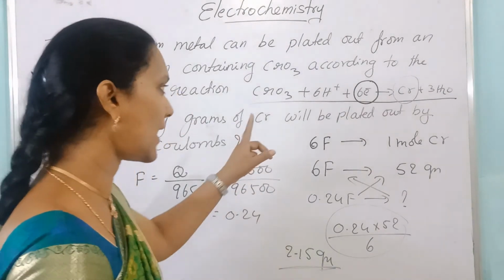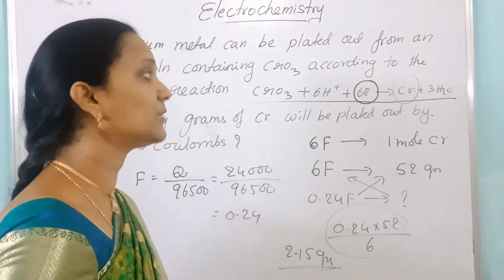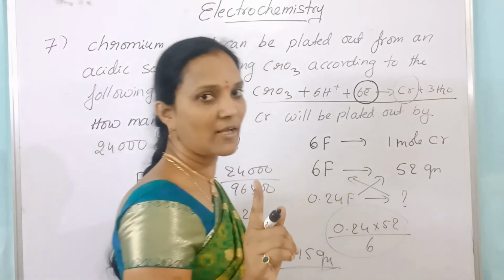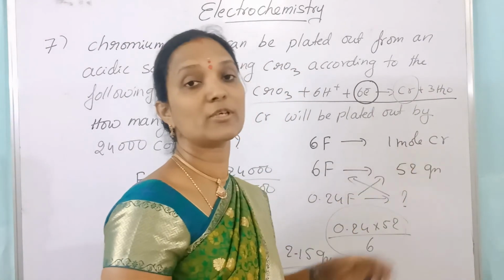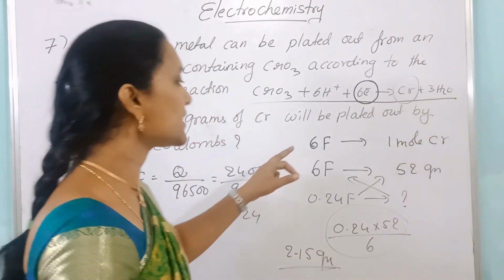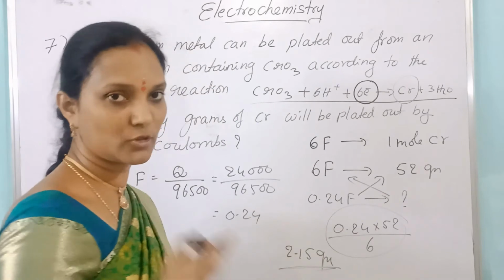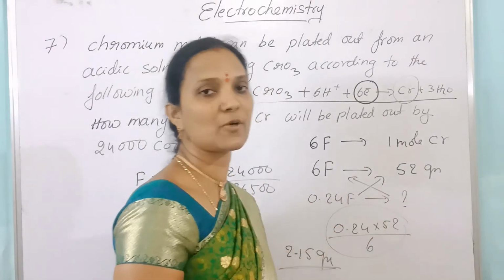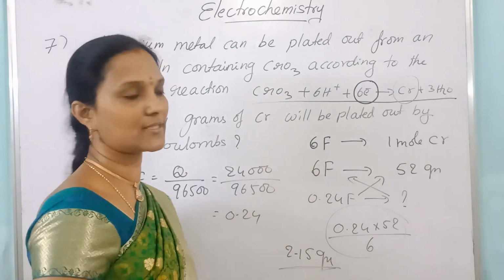Just one reaction is given, in which 6 electrons are involved, nothing but 6 Faradays. 6 Faradays produces 1 mole of chromium, and 1 mole means the atomic mass, 52 grams. So when 6 Faradays are passed, 52 grams deposit. So the amount deposited is directly proportional to the quantity of electricity passed.